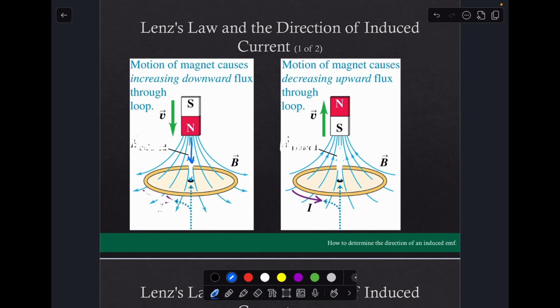If we're bringing it closer to the coil, the strength of the field is going to increase. So the B field is getting bigger in the downward direction. If B is increasing, that means the flux is increasing.